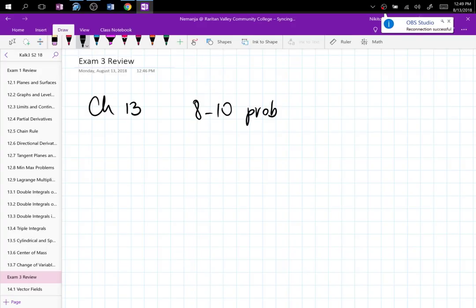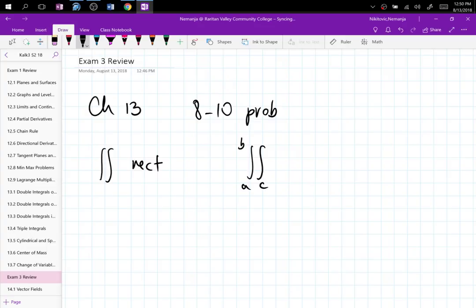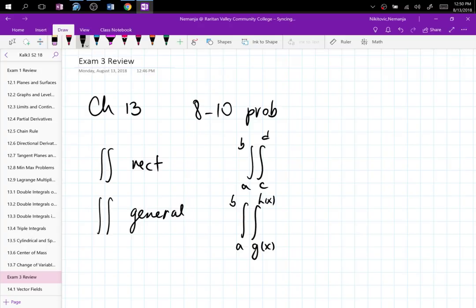That's the four regions. We have a double rectangular, which is going to have A, B, C, D. Then we have double general, which is A, B, G of X, H of X, let's say.